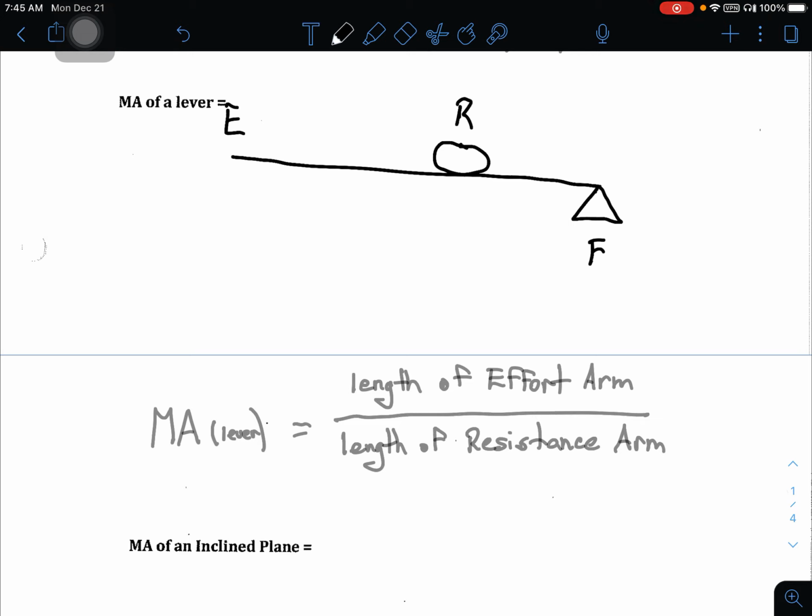Okay, now the confusing thing here is where is the effort arm and where is the resistance arm? Well, the effort arm is still the length of the distance from the fulcrum to where the effort is applied, right? So here's my effort arm, EA, is that total length. Where's my resistance arm? Well, my resistance arm actually goes from where the resistance is to the fulcrum. So on a second class lever like this, the two arms actually overlap.